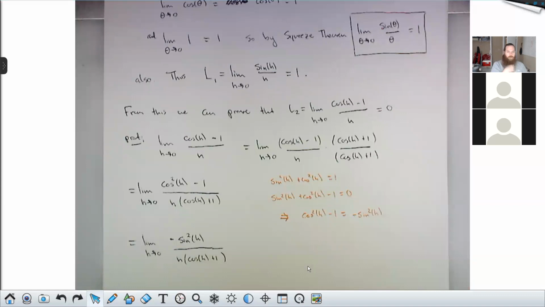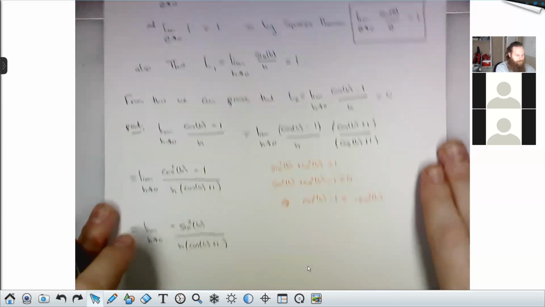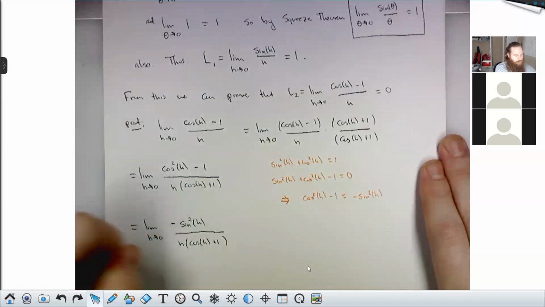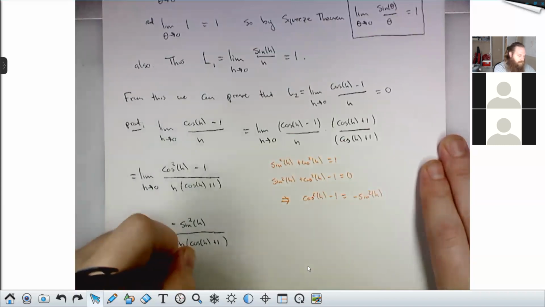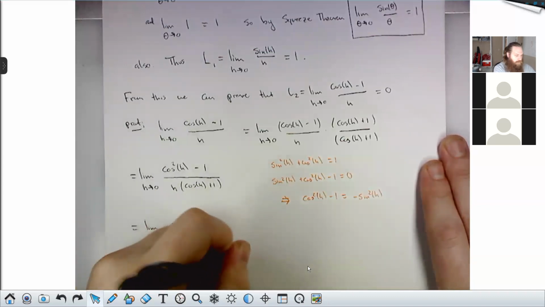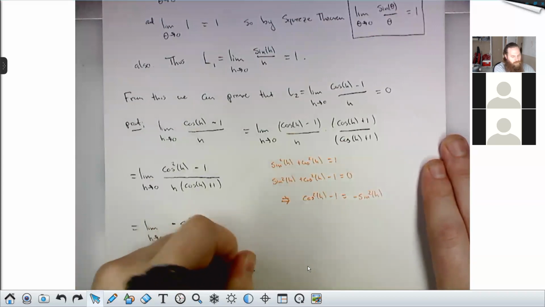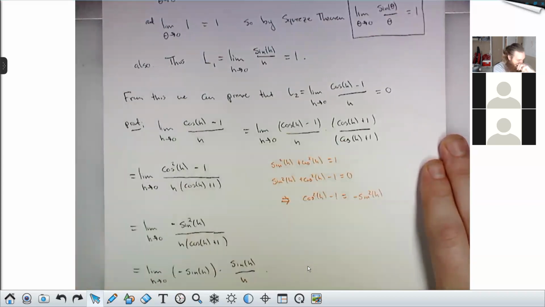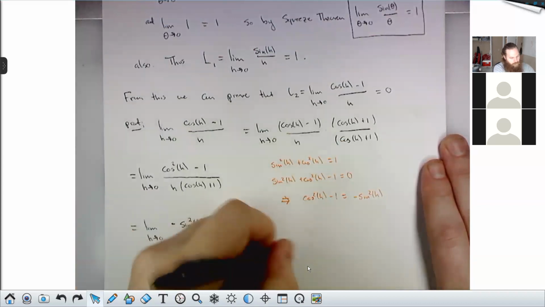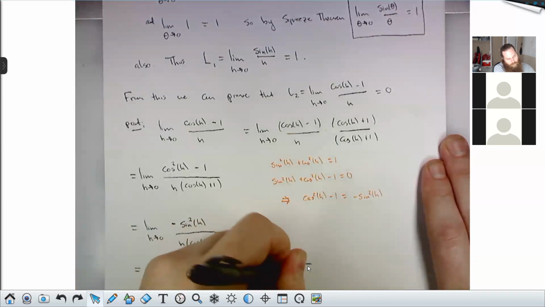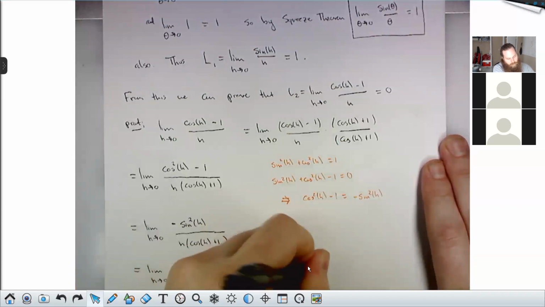And then I'll regroup some terms. I'll regroup this as the limit as h goes to 0 of negative sine h times sine h over h times 1 over cos h plus 1.